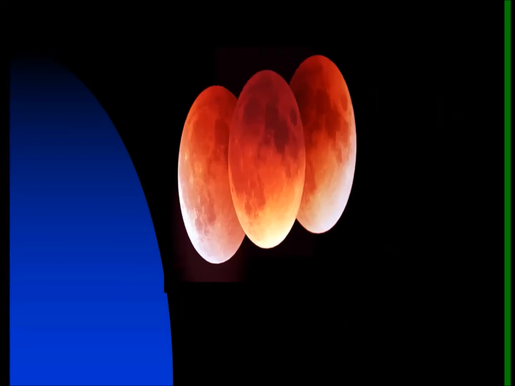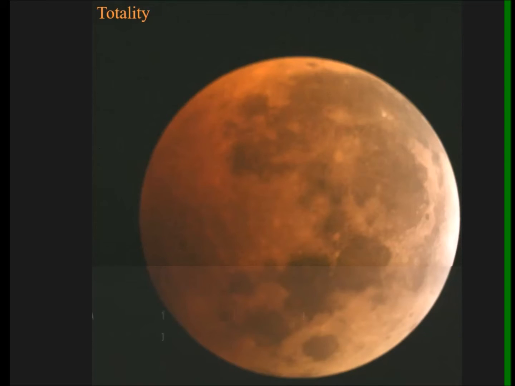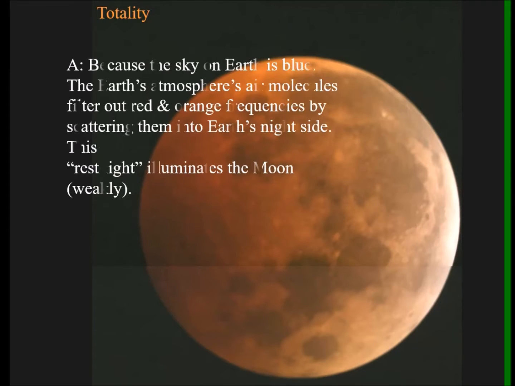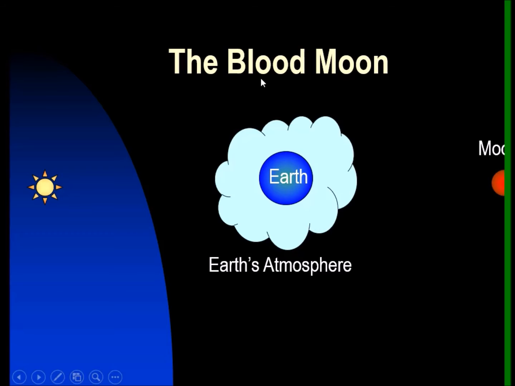And then the blood moon, which is really cool, and this is fascinating to me as well, is that the moon takes an orange color or a bloodish color because the Earth's atmosphere filters out the light. So here's the Earth's atmosphere.